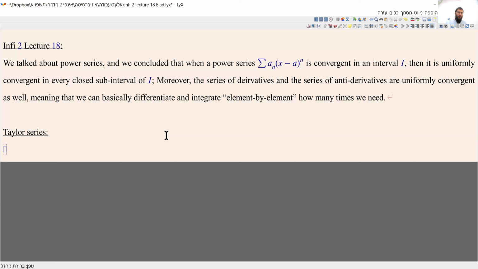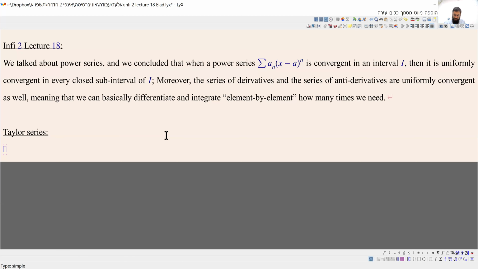Okay. There are two questions. The first one is: given a function, how can we know that it equals some power series? And the second question is: if it does, how can we find this power series, and what are we going to do with it? I want to start from the second question.